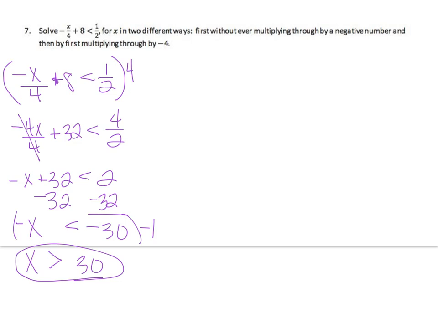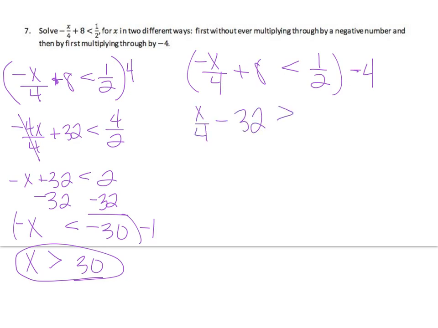30. Now I'm going to multiply through by negative 4. Negative x over 4 plus 8 less than 1/2. Negative 4. That would give me a positive x over 4 minus 32. Flip your inequality. Negative 4 over 2.